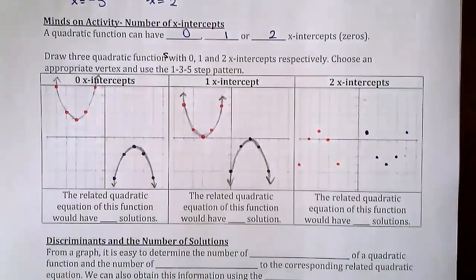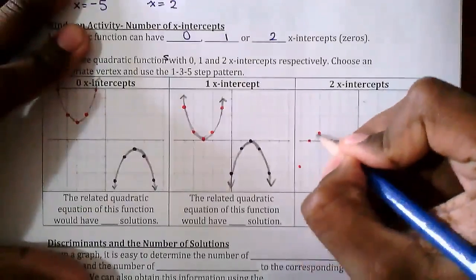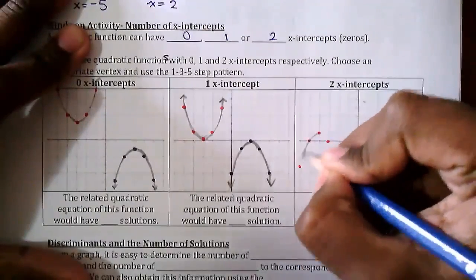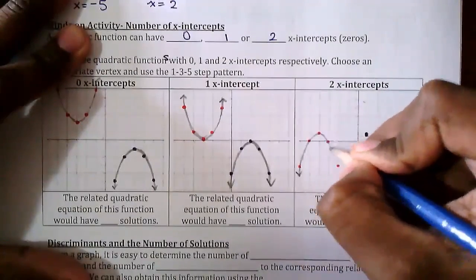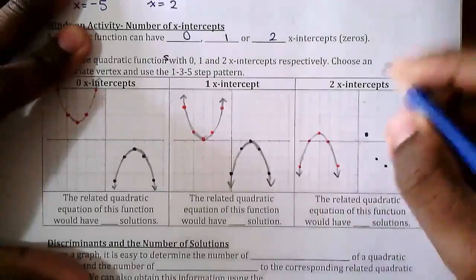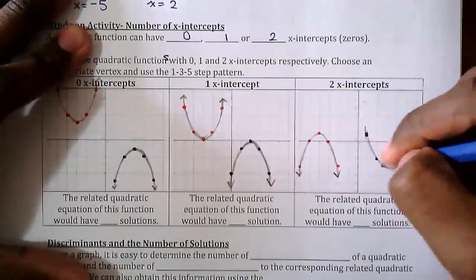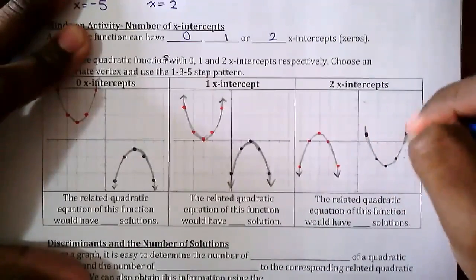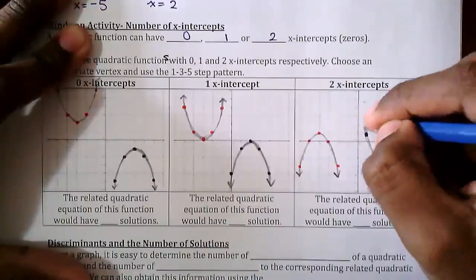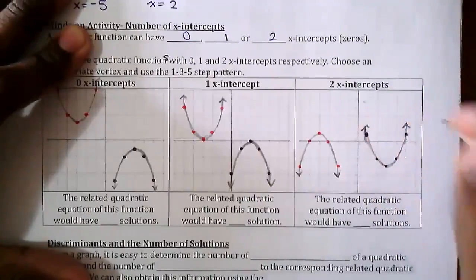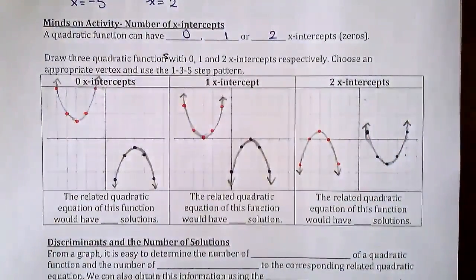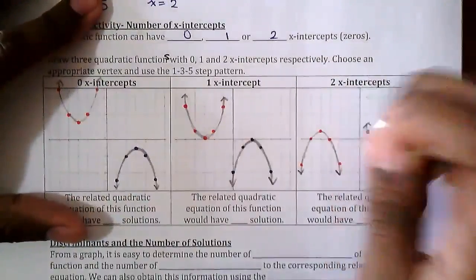So if I connect these parabolas, I get something that looks like this, and something that looks like this. Sorry, that looks weird. I'm going to fix it.